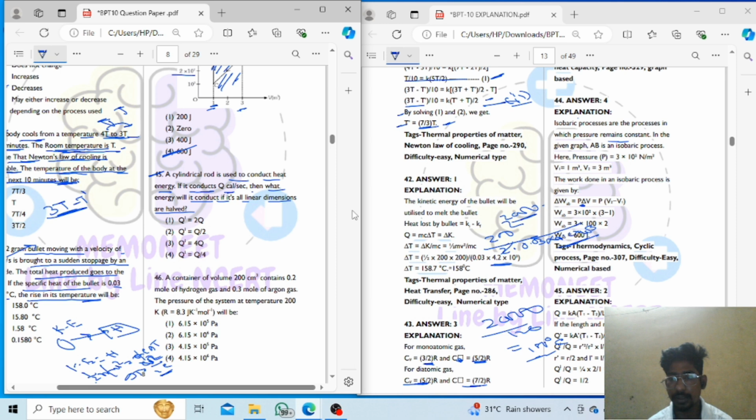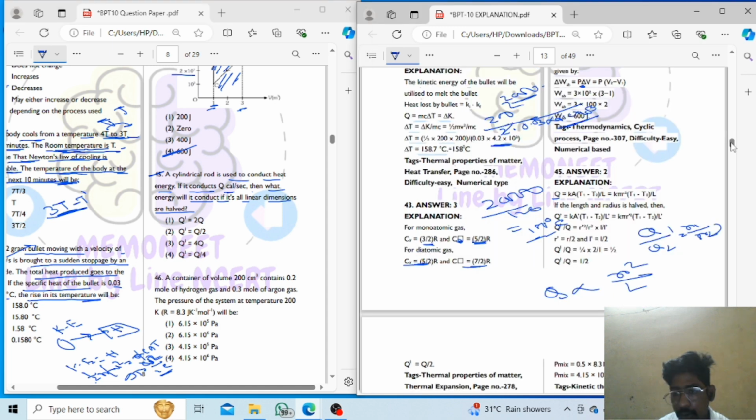We know Q by t equals K into A into del T, the change in temperature, divided by length. In this case the radius is halved, so you can say Q is proportional to R square by L. Therefore Q1 by Q2 equals R1 by R2 whole square into L2 by L1.